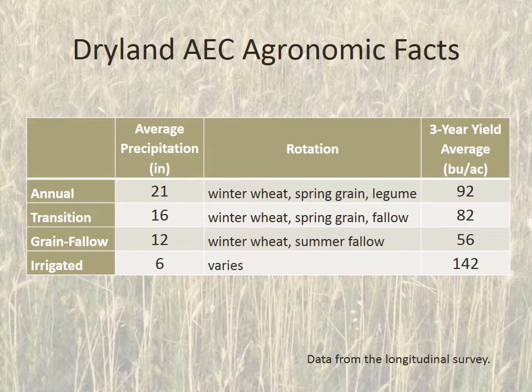And then the irrigated rotation varies greatly, and it's hard to categorize into anything really. In terms of yield, you can see that irrigated has the highest yield, mainly because they have an almost unlimited amount of water. Behind them, the annual has the highest, and then it drops off between transition and the grain fallow class.